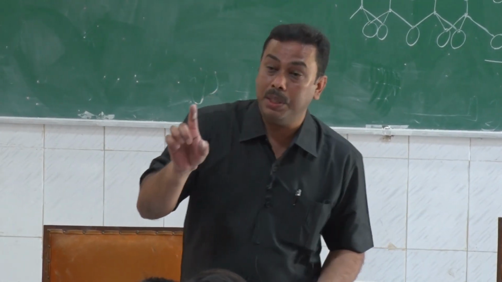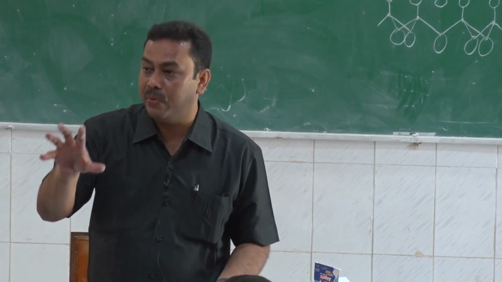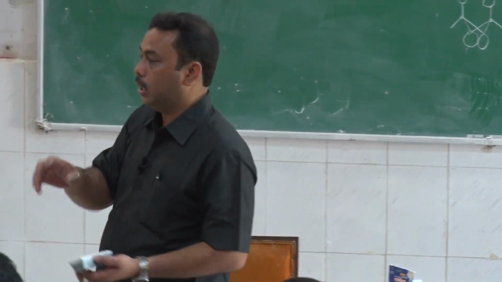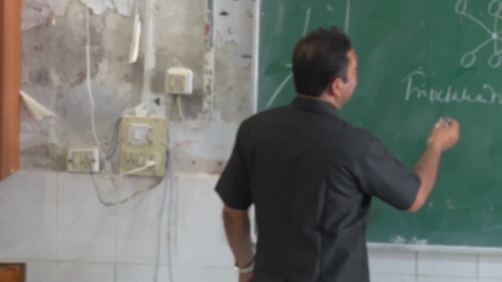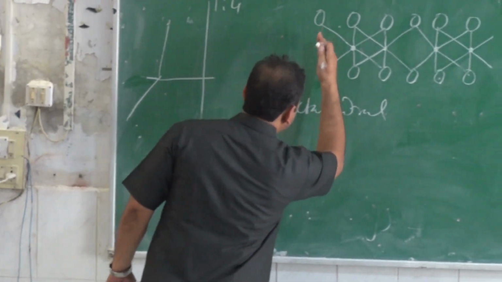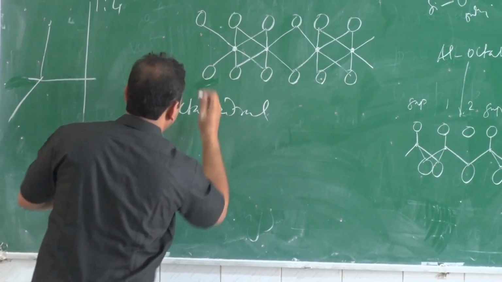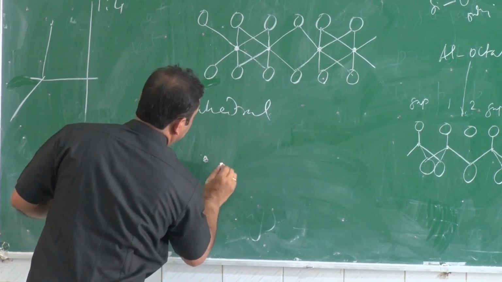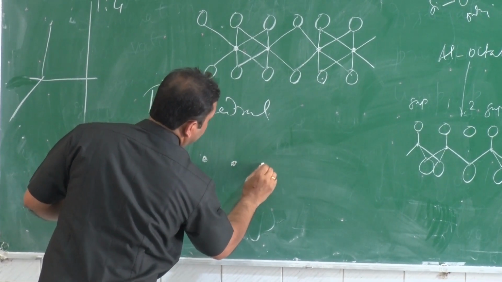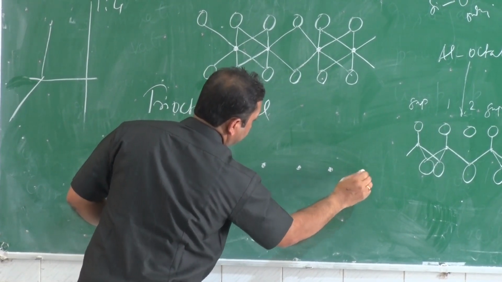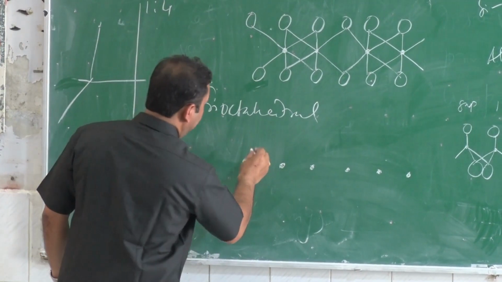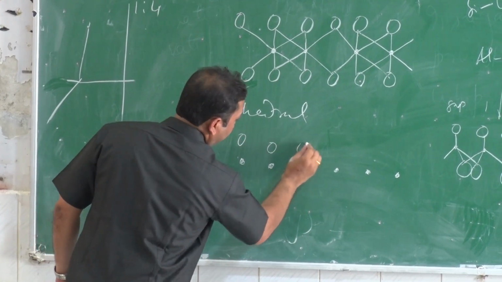So that means all the charge is being satisfied. So this is trioctahedral. Now trioctahedral will be similar. This smallest unit will be something like 1, 2, 3, 1, 2, 3. Something like that. And over it will be the molecules.